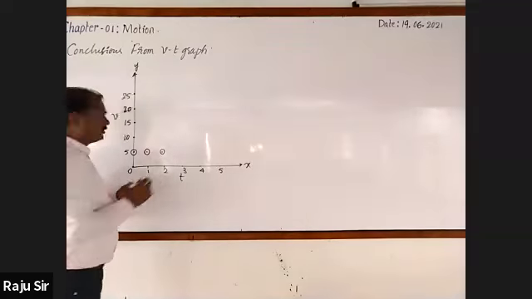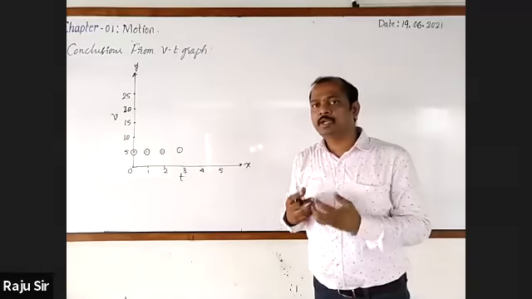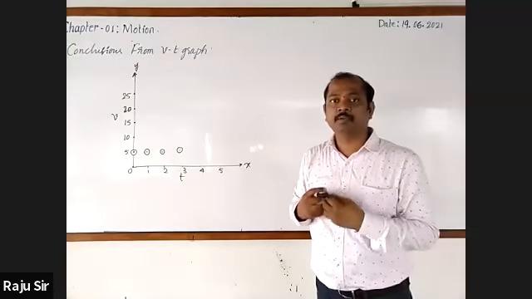After 2 seconds, my speed is 5 meters per second. After 3 seconds, my speed is 5 meters per second. What do you say about my speed? Constant. It is constant speed.